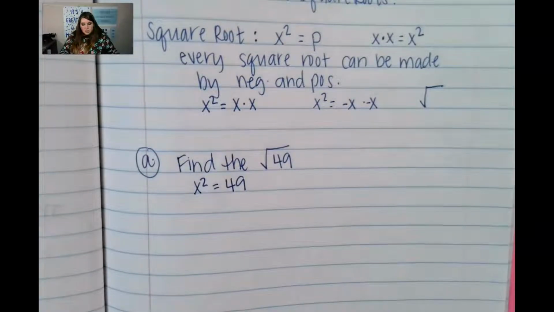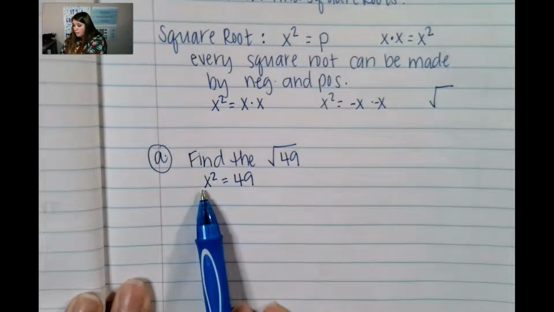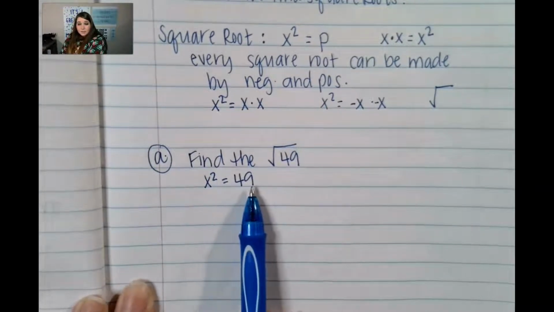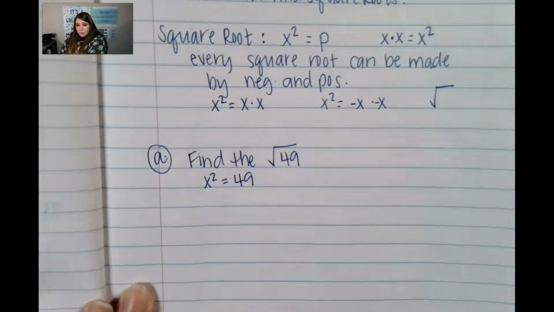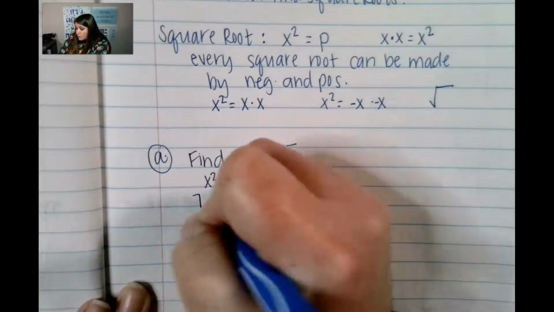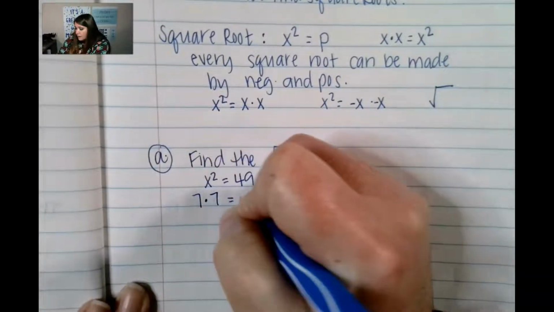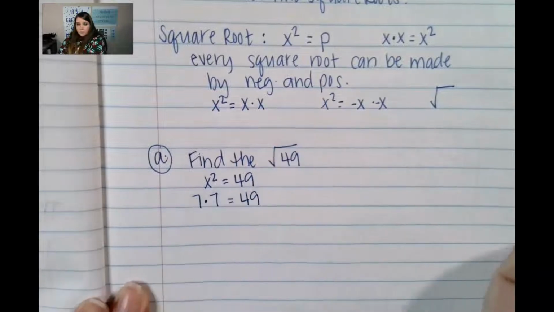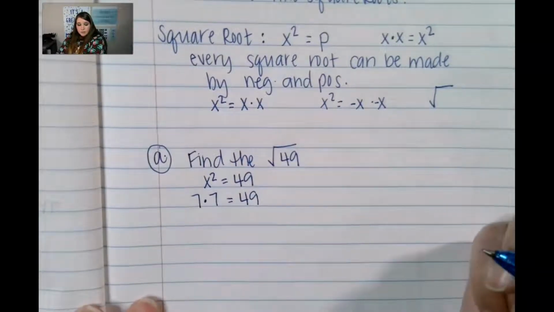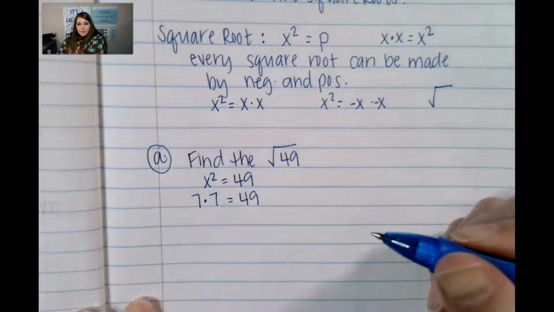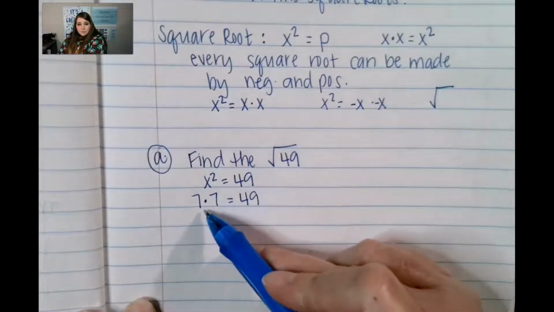So if I look at my squares, I know 7 times 7 is what gives me 49. So this would be 7 times 7, and that gives me the 49. Okay, so the square root of 49 is 7, or 7 squared.